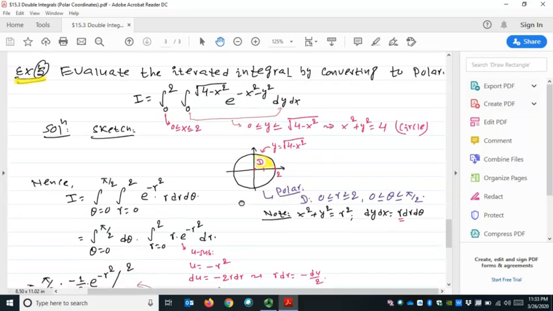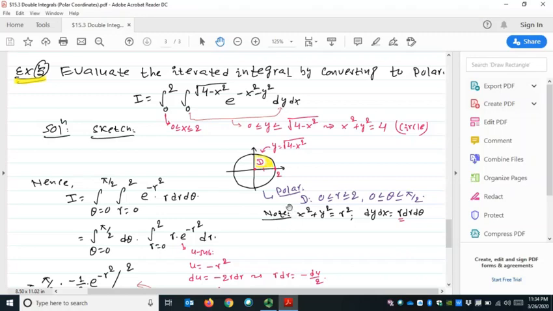Great. So then we need to convert this to polar. In polar, my r goes from 0 to 2, and to cover this region our theta goes from 0 degrees all the way to pi over 2. Also, on the integrand function, we need to convert this function of x, y to a function of r, theta.